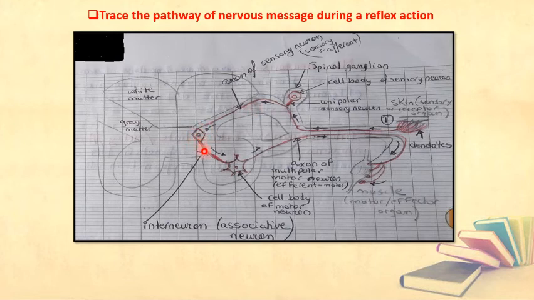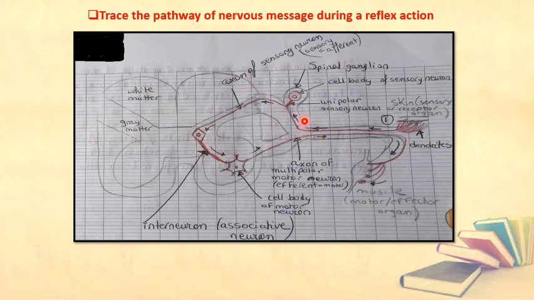The interneuron gonna transmit it to the cell body of the motor neuron that is found in the gray matter of the spinal cord toward the ventral side, and then gonna take it to the axon of the multipolar neuron to reach the muscles in order to achieve a reaction. And here is all the information needed to understand it.